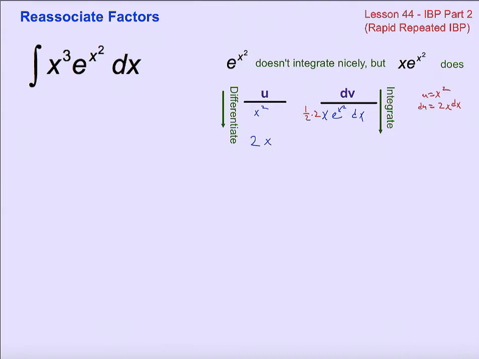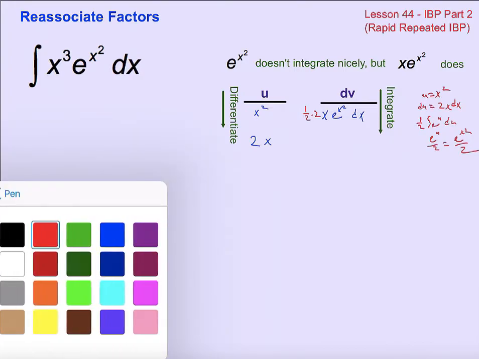And then its antiderivative becomes the 1/2 times the integral of e to the u du, which is just e to the u over 2. And we know that u is x squared, so that's e to the x squared over 2. So that will be our antiderivative there.